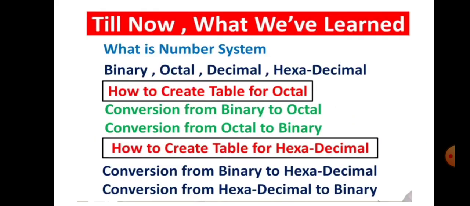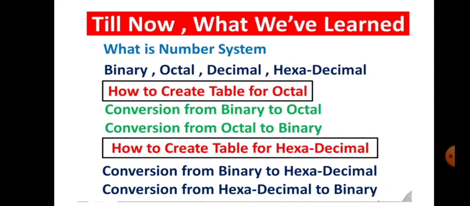Okay, what we have seen up till now: what a number system is in the first lecture. Then we have seen four types of number systems: binary, which has base 2, octal, which has base 8, decimal, which has base 10, and hexadecimal, which has base 16.